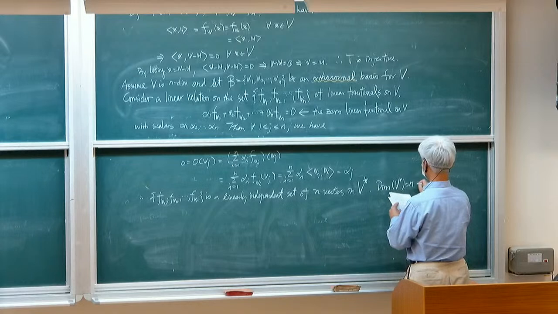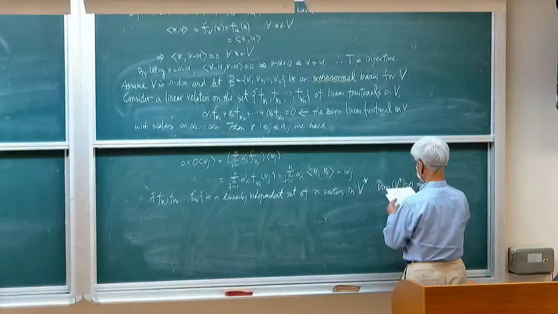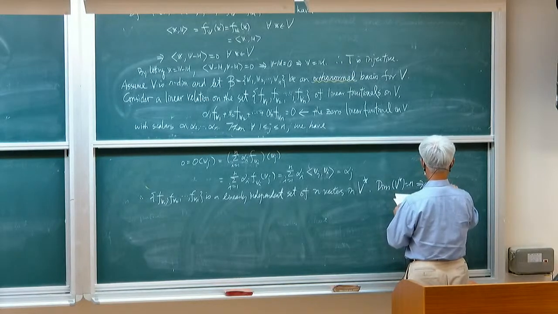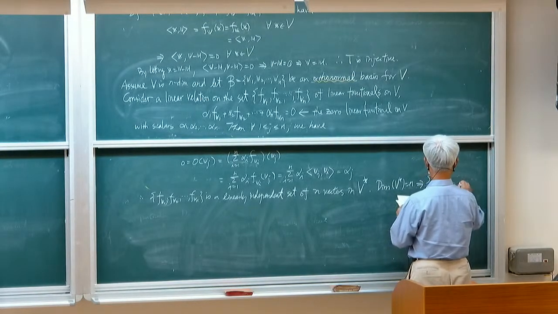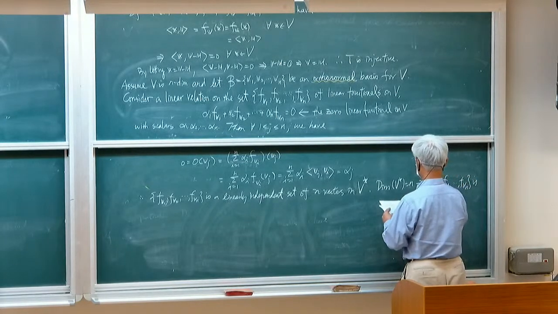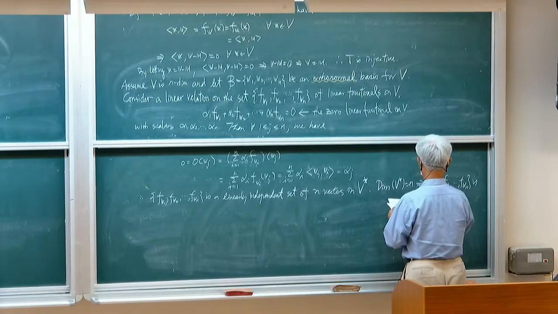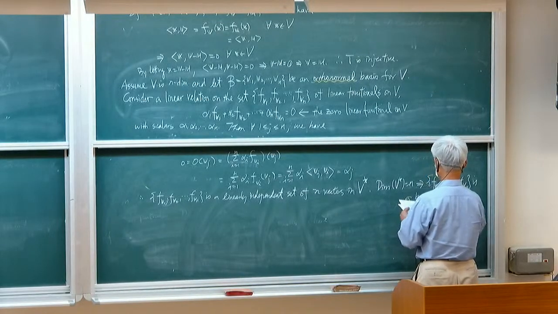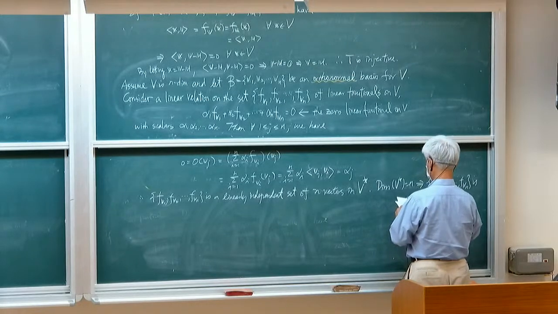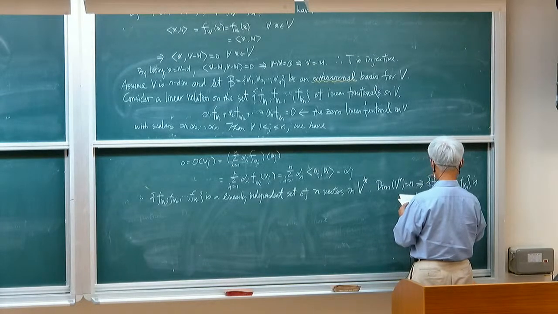So this implies that f_v1, f_v2 up to f_vn is a basis for V star by Theorem 5.2.10.